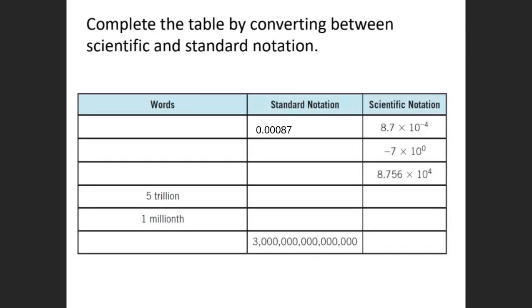Now, we have 5 decimal places. 5 decimal places means a number that has a 1 at the beginning and 5 zeros after it. This will be ten-thousandths. Notice the TH. This is 87 ten-thousandths because I have 5 decimal places.